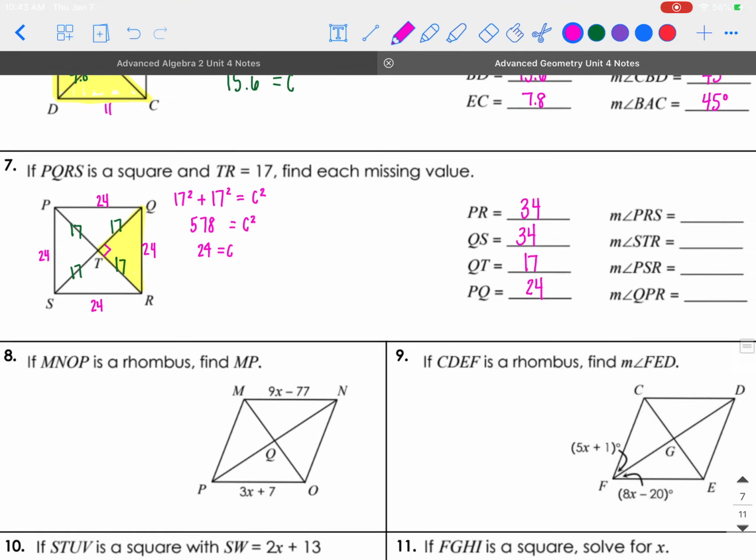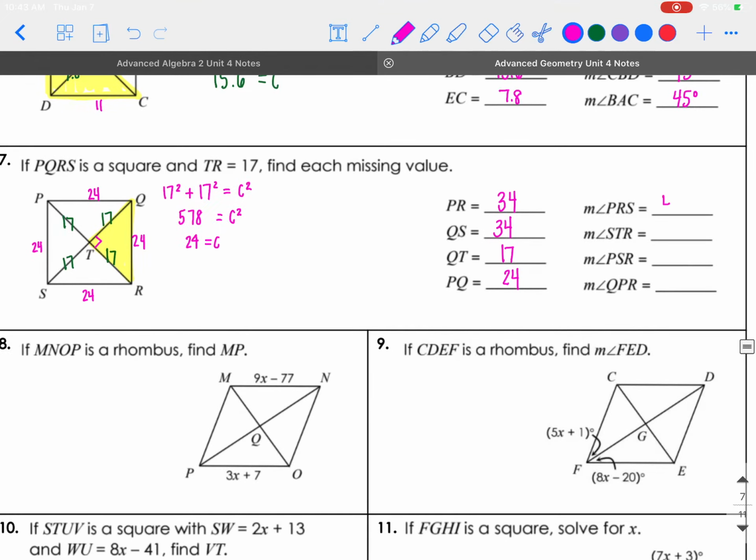Angle PRS, 45. On squares, and when you're doing angles, you have a 50-50 shot. It's either going to be 45 or 90. STR, 90 degrees. That's one of the inside ones. PSR is 90 degrees. Angle QPR is 45 degrees.